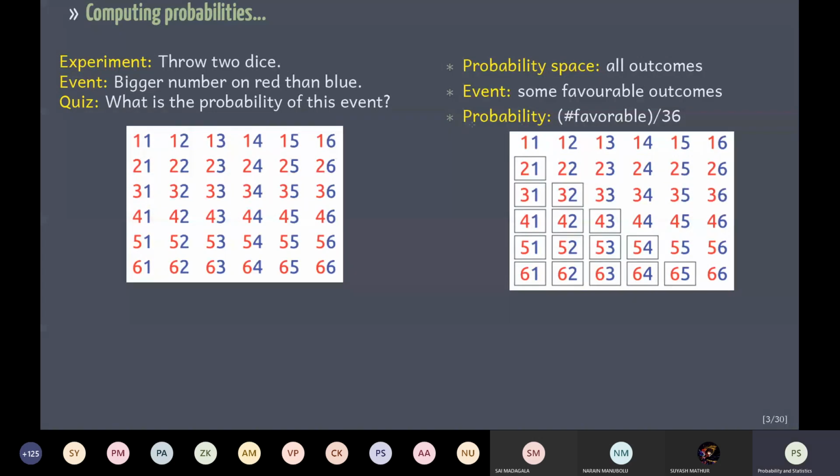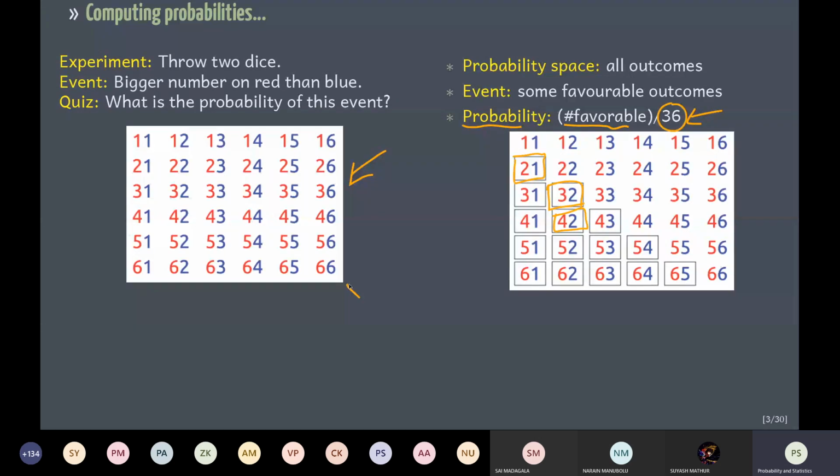If we list out the favorable outcomes out of the set of all possible outcomes, then we can put them in a box to identify which of these are favorable outcomes. So these are the favorable outcomes where the number on the red is bigger than the number on the blue dice. We have to count them, because probability will be the number of favorable outcomes divided by the total number of outcomes.